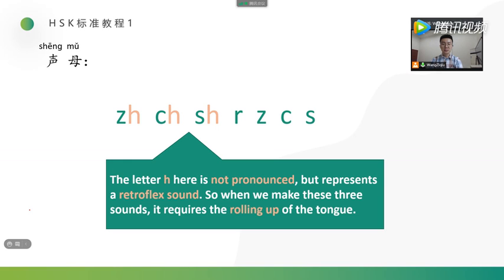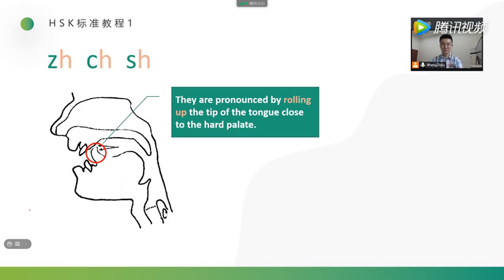So it means when we make these 3 sounds, the tongue rolls up. Now let's learn how to pronounce them. When we read 知 吃 诗, they are pronounced by rolling up the tip of the tongue close to the hard palate, like this.